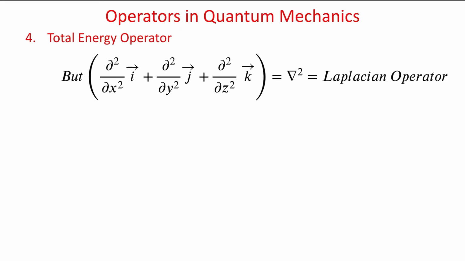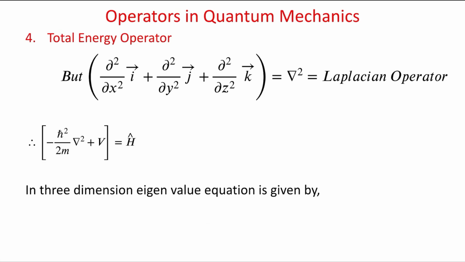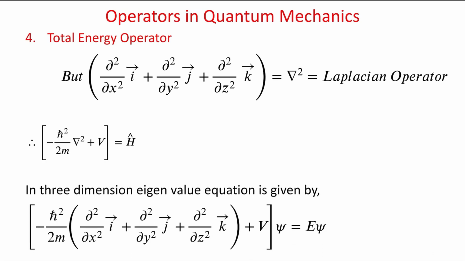In this particular expression, del square upon del x square i plus del square upon del y square j plus del square upon del z square k is equal to del square, and it is called the Laplacian operator. Therefore, the Hamiltonian operator can now be represented by minus h cross whole square divided by twice m del square plus V, and that is equal to H cap.